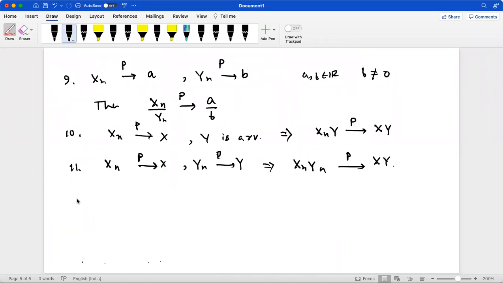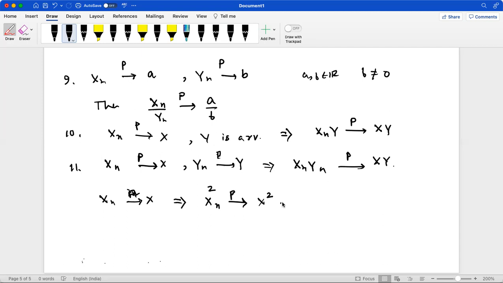And obviously if xn goes to x, then xn square goes to x square in P. This implies xn square or xn cube goes to x square, or x cube, in P. So these are some results, and using these results we prove some important theorems in convergence in probability or convergence in distribution.